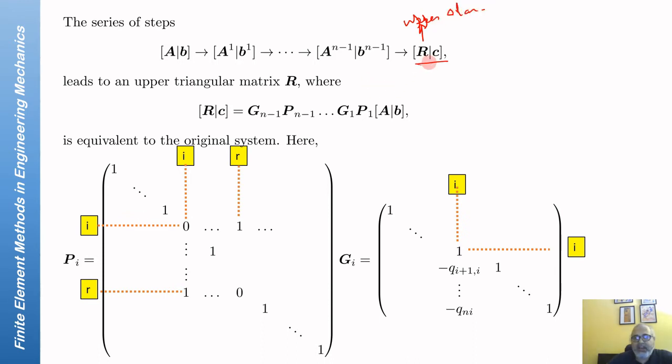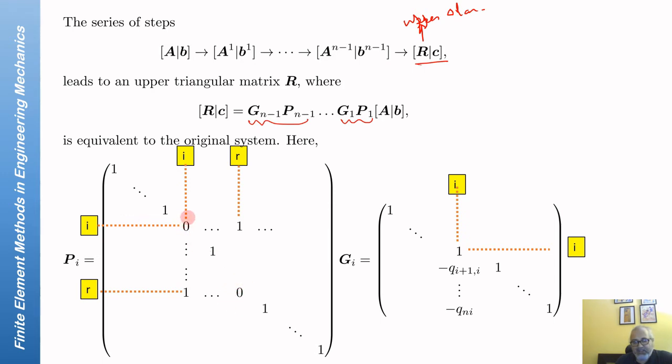Okay, and then R is obtained from AB by a set of permutations and Frobenius matrices, permutation and elimination, G1 P1. This is the first one, up to Gn minus 1 Pn minus 1, where Pi is a permutation matrix which has ones all over except in rows i and r.